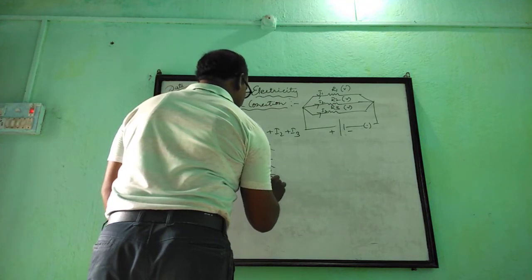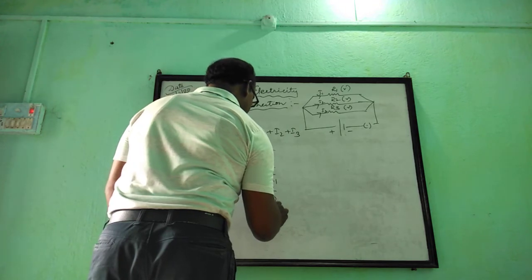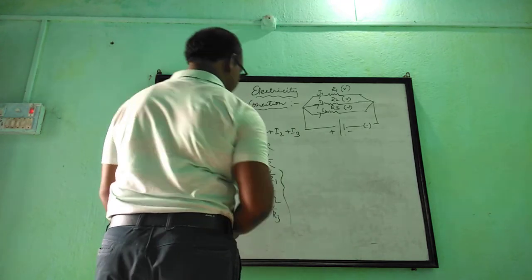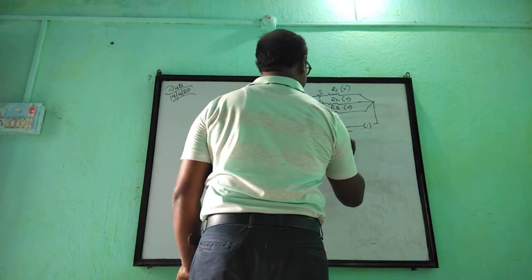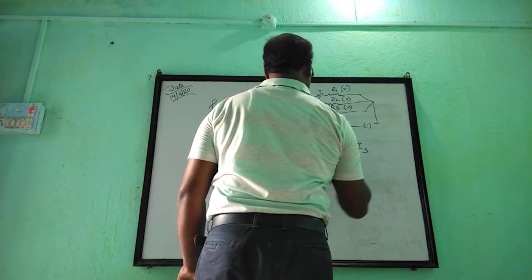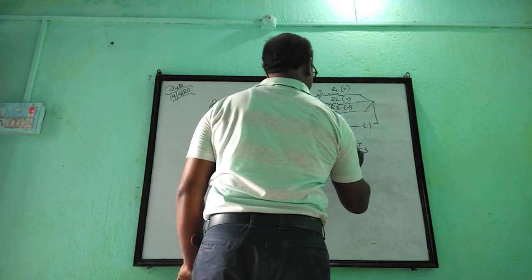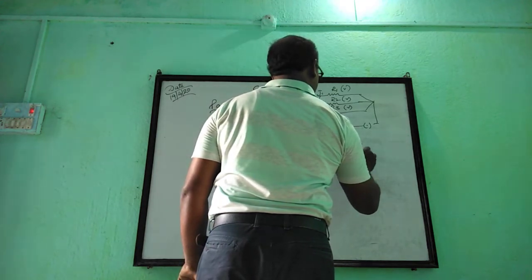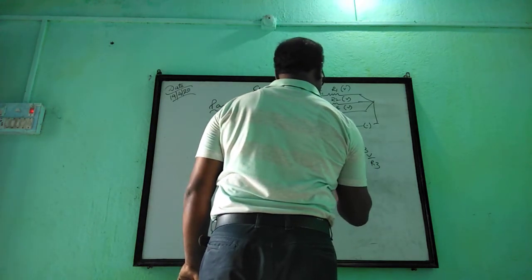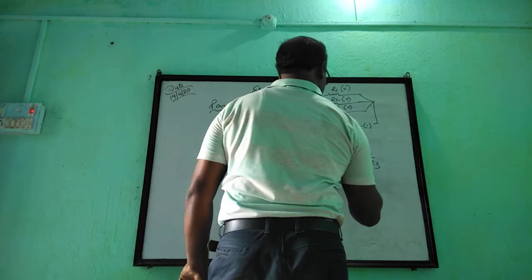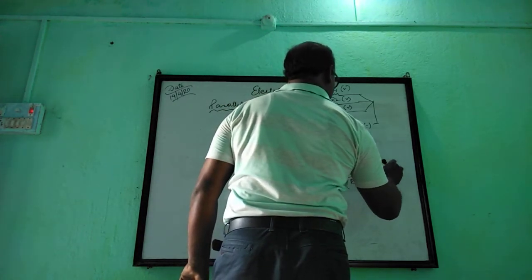I2 equals V by R2. I3 equals V by R3. If we add I1 plus I2 plus I3, then I equals V by R1 plus V by R2 plus V by R3. We can take common V, 1 by R1 plus 1 by R2 plus 1 by R3.